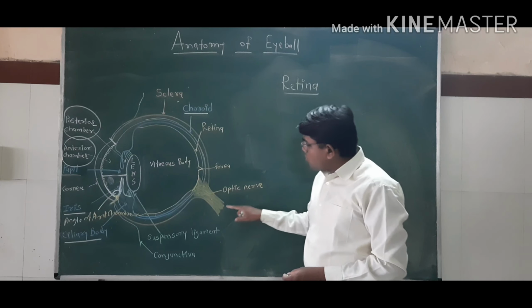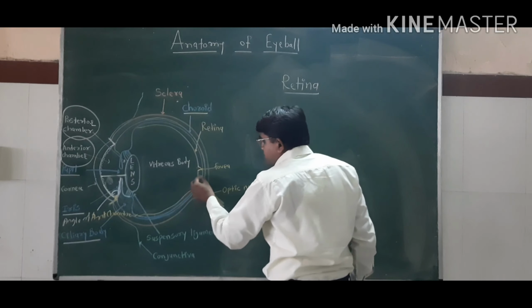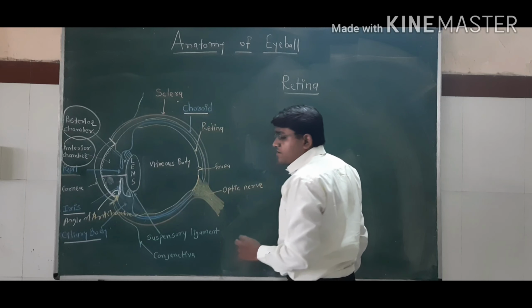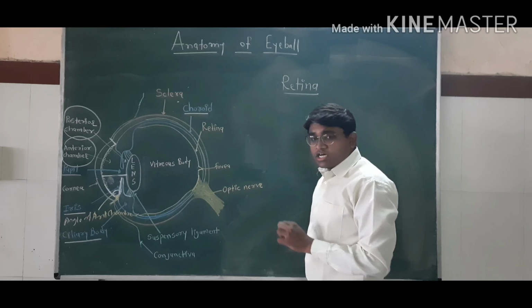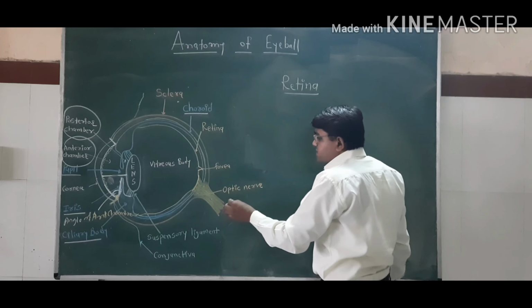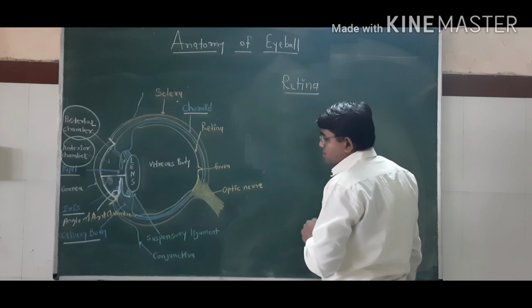At the entrance of the optic nerve, here at this area, there is one depressed structure, and this depressed area is known as the optic disc.